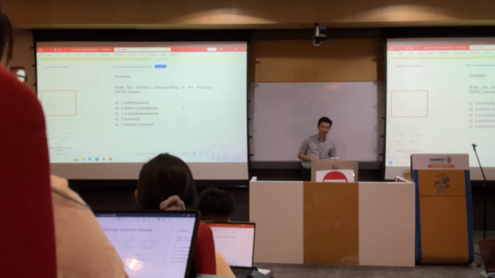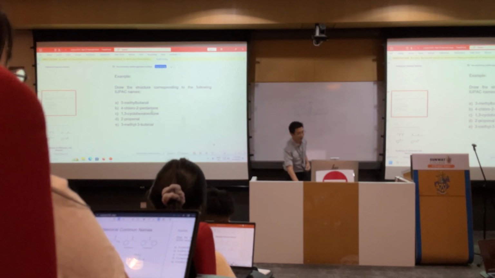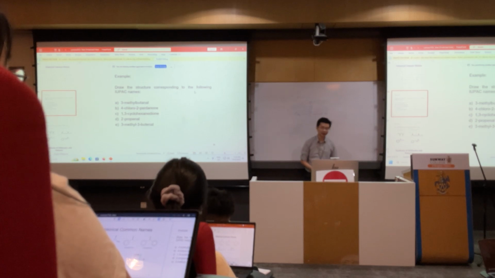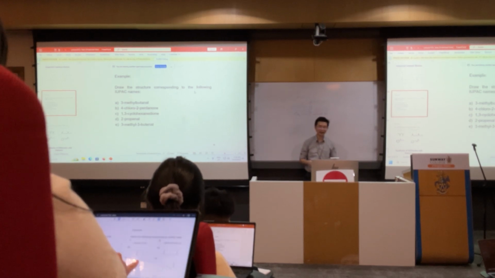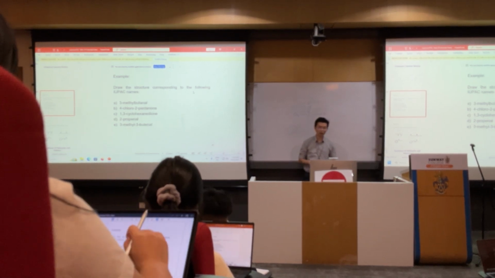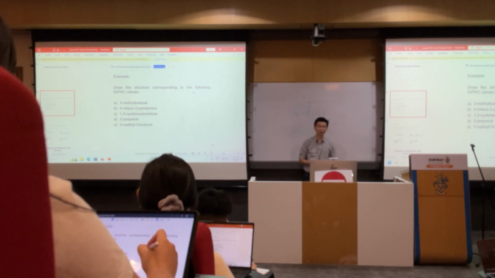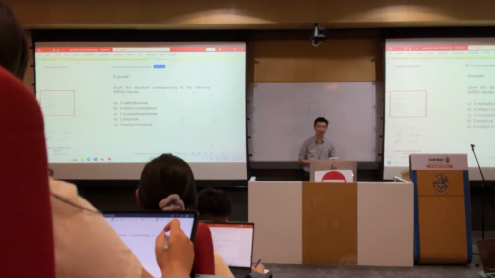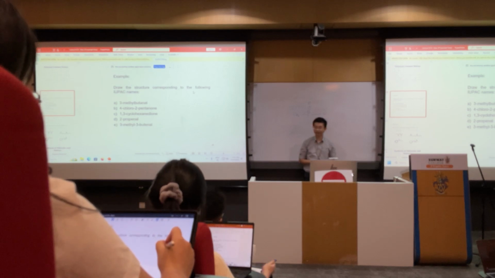So now, we'll do some exercise to generate the structure based on the IUPAC name. Okay. So for 4-chloro-2-pentanone, how many carbons are there? 5 carbons.